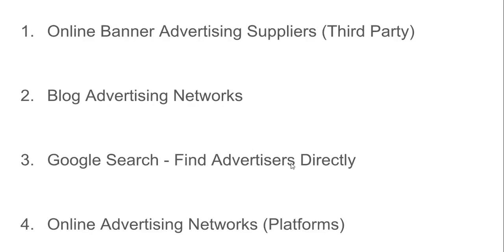You search your niche websites and products, and directly contact their owners. The fourth way is online advertising networks. These are traffic platforms or advertising networks which communicate with publishers and advertisers. Here you are finding the advertisers, so your role is the publisher.